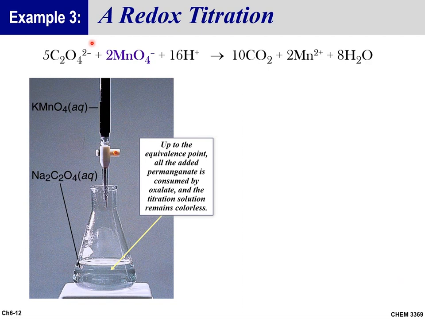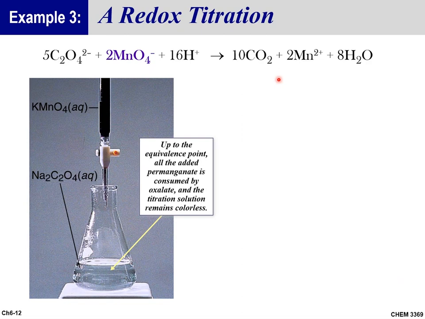And the reduction of the permanganate to the colorless manganese 2 plus ions in the solution will be an example of the redox titration.